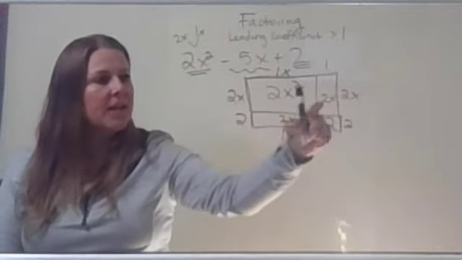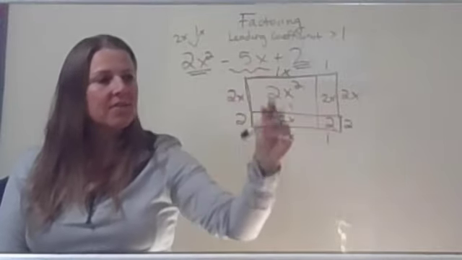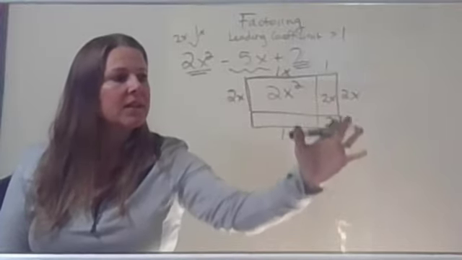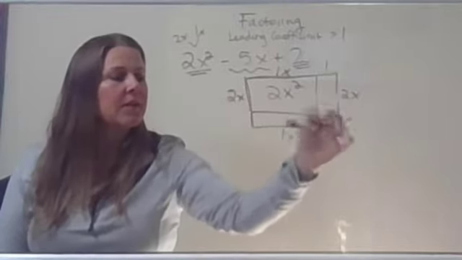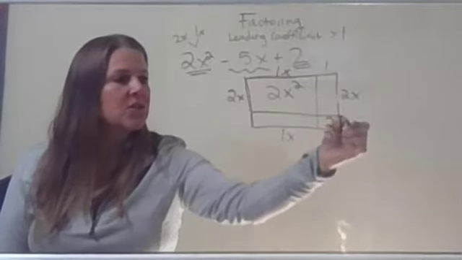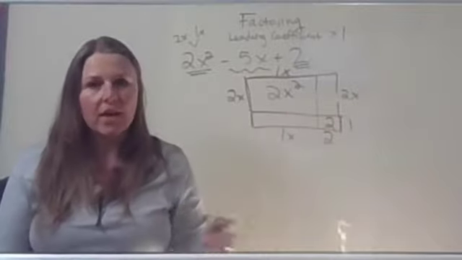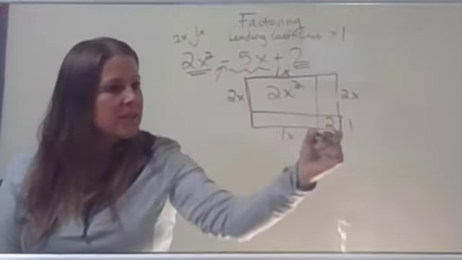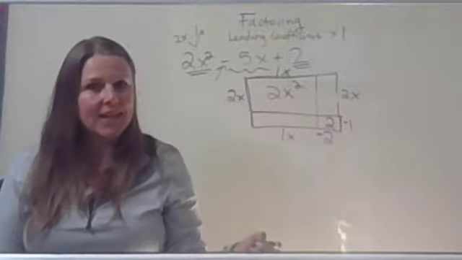Now, 2x and 2x don't add to give negative 5x. So the 2 and the 1 here need to be flipped. So this needs to be the 2, and this needs to be the 1. And also, this is a negative. So this needs to be a negative 2 and a negative 1.